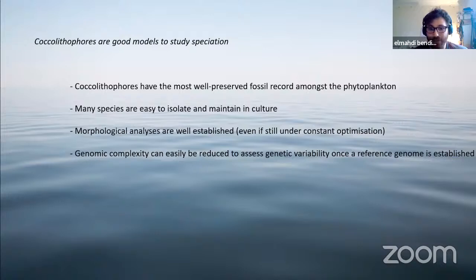There are still constant developments and optimization, but clearly it's working much better than for many other species in the phytoplankton realm. And with the technique we are using for that kind of study, the genomic complexity can easily be reduced to assess the variability. It works really well when we have a good reference genome.